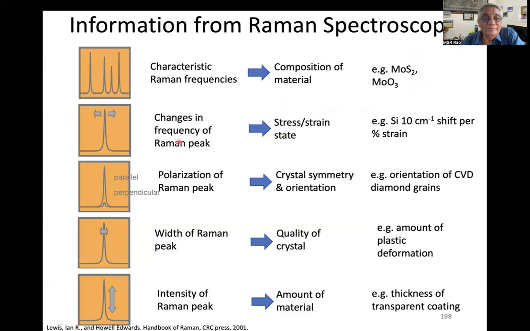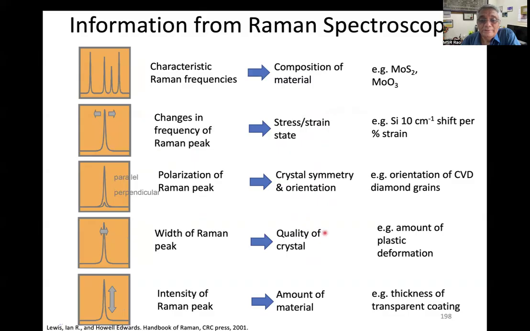Changes in frequency of Raman peaks can tell us about the stress-strain states involved, especially with doping in semiconductors. Crystal symmetry and orientation can be evaluated with a high degree of precision.